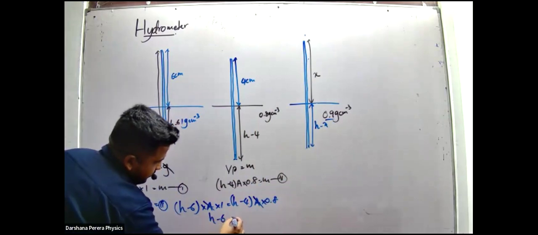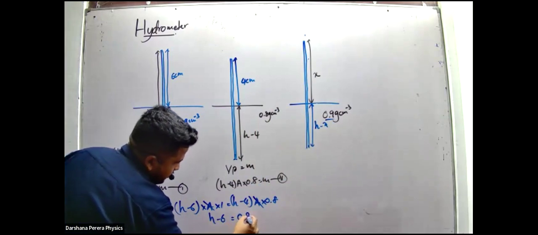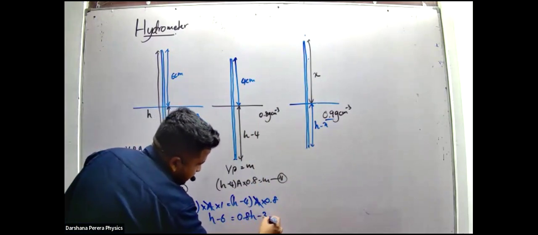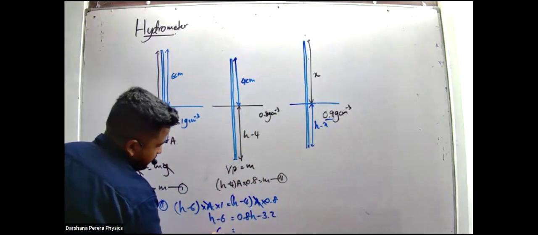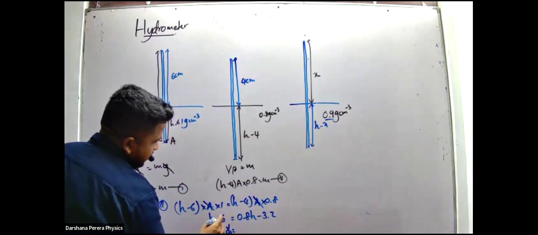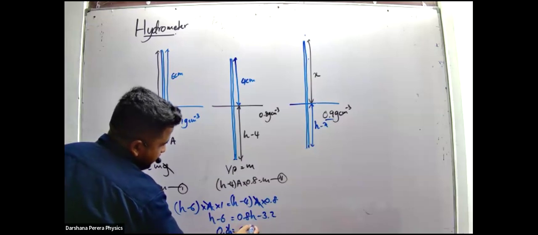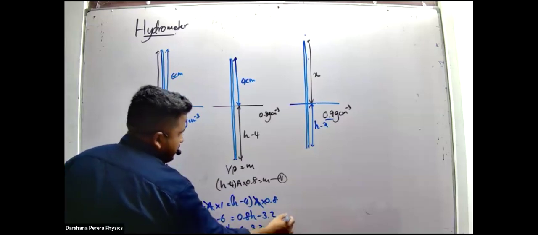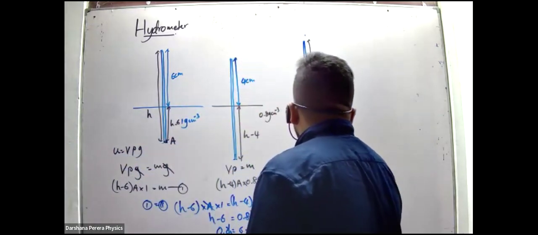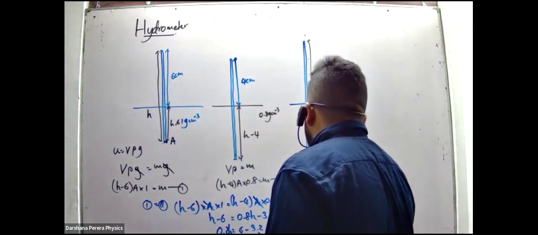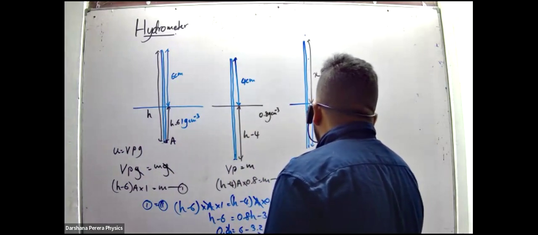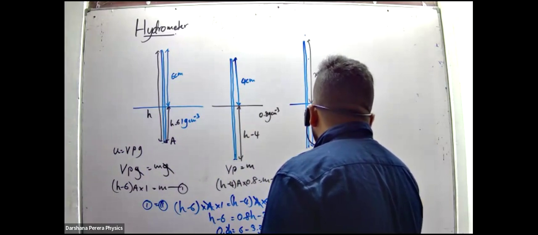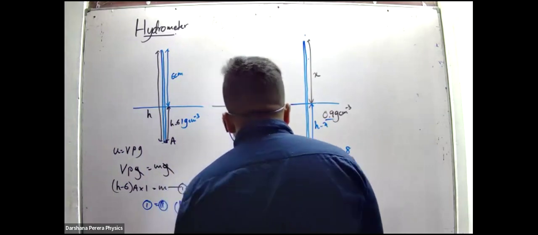So h minus 6 equals 0.8 h minus 3.2. So h goes this side: 0.2 h equals 6 minus 3.2, which means 2.8. So 0.2 h equals 2.8, h equals 14 centimeter.